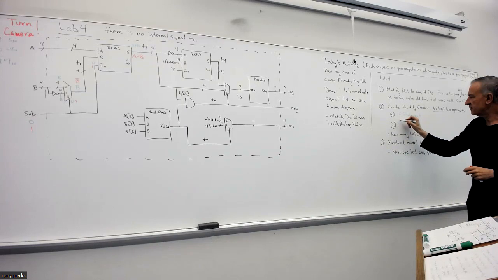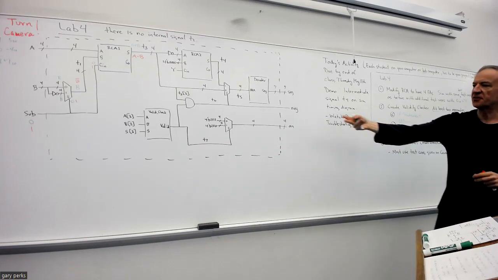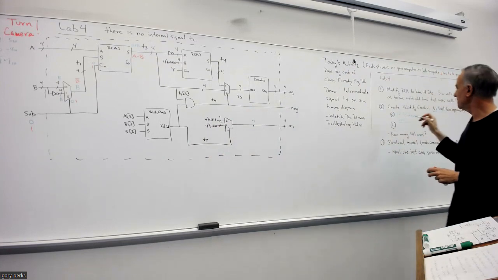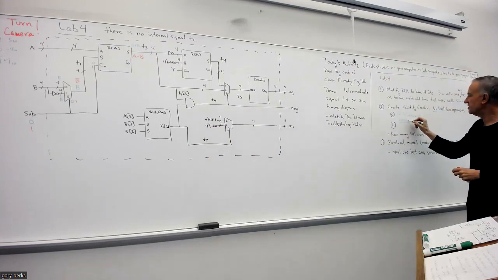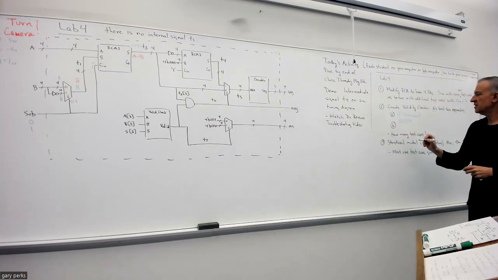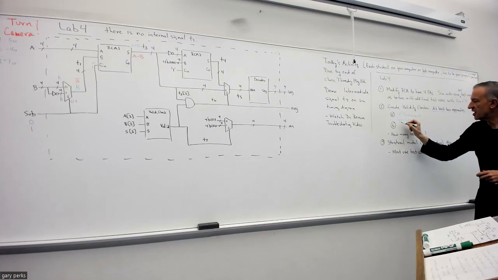They'll have their A, B, and S, right? These 3 inputs, A, B, S, and they'll have their output valid, right? And then they just go through the different combinations, right? They're all 0, 0, 0, 1. They go all the way till they're all 1, right?